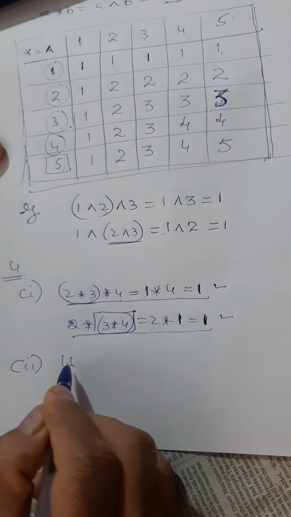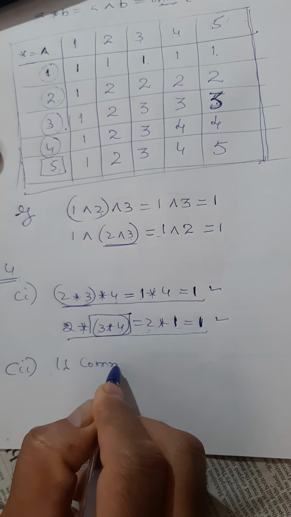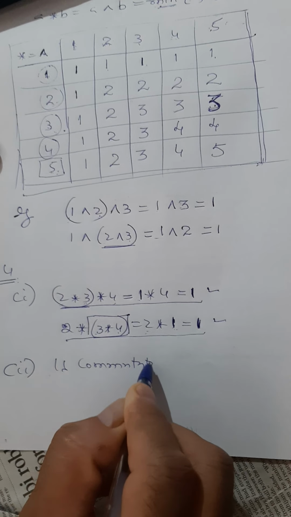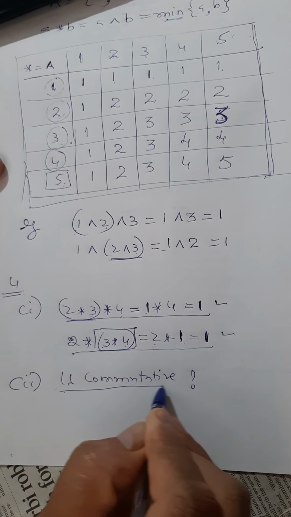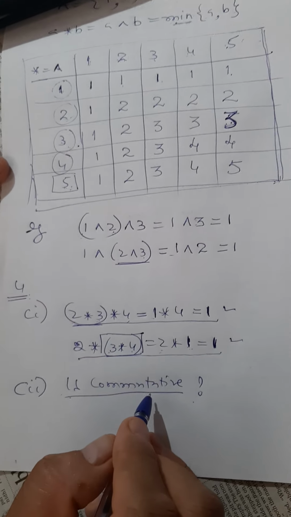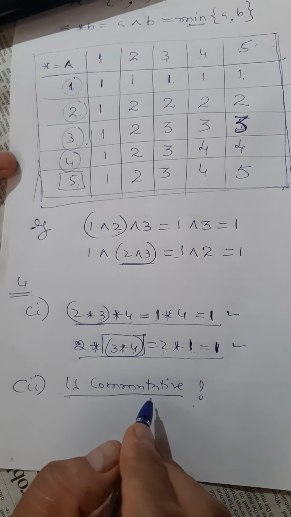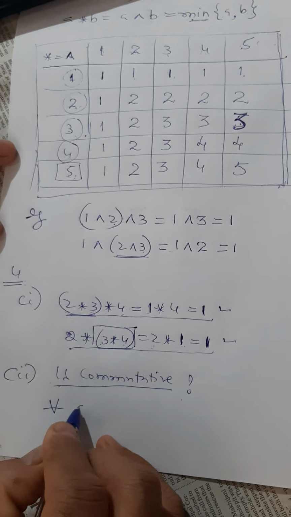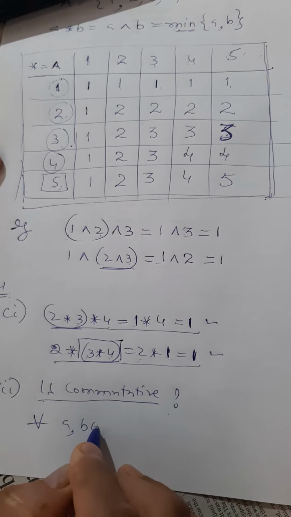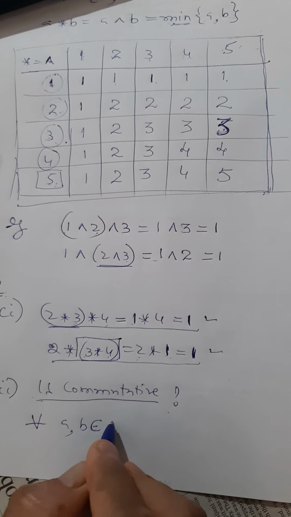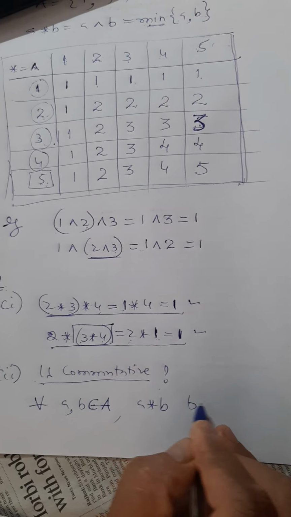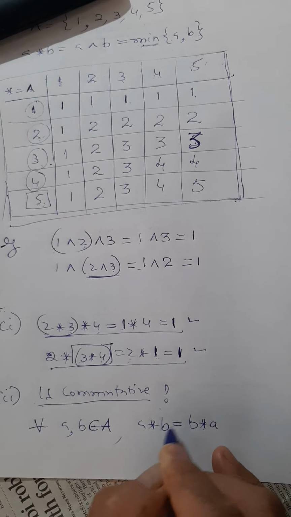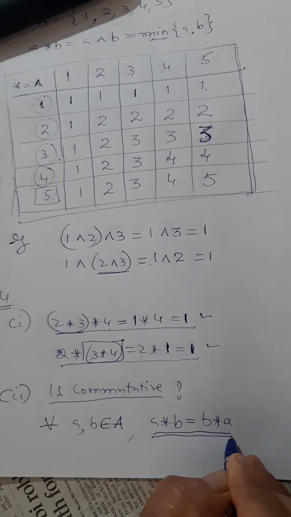The next question is: is asterisk commutative? Now if you look at the table carefully, you will see that for every A and B from the set, you find A asterisk B and B asterisk A, and both are always equal. This is always true.